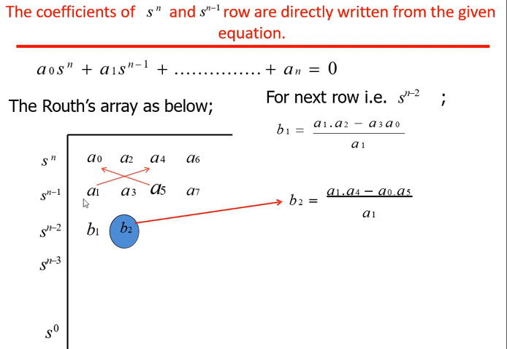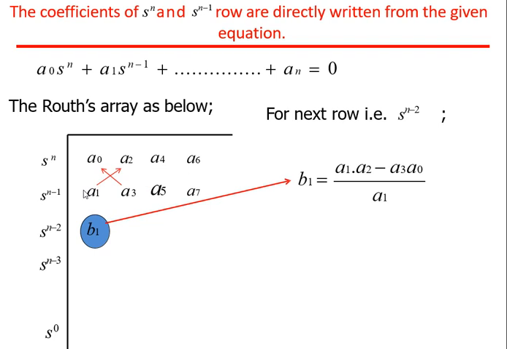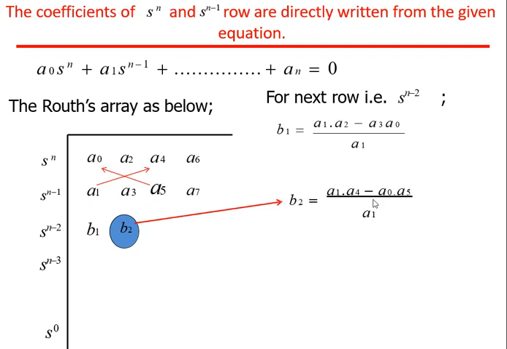See carefully, again a1 is taken, a3 is not taken, because whatever first element is considered for the b1 calculation, that same element is considered over here. So the equation is a1 into a4 minus a0 into a5 divided by a1. This is all about b2. Now I think you can easily calculate b3. Let's see for that.